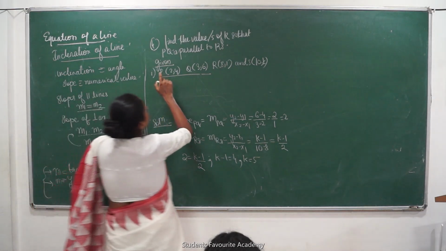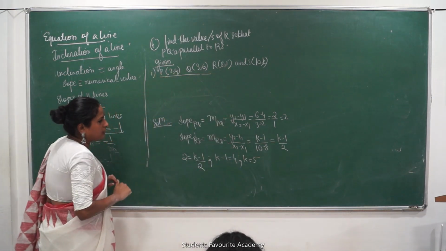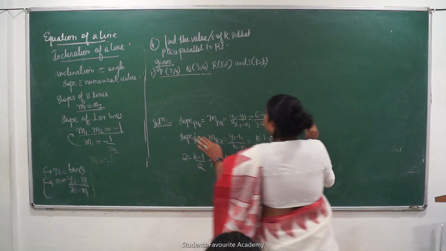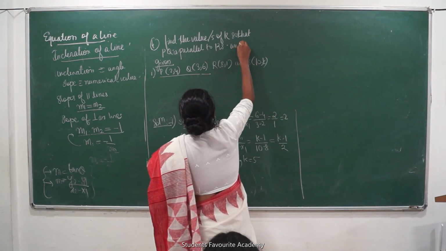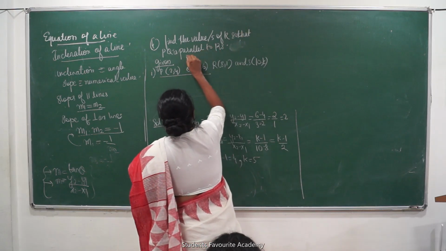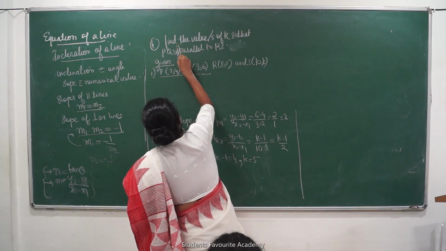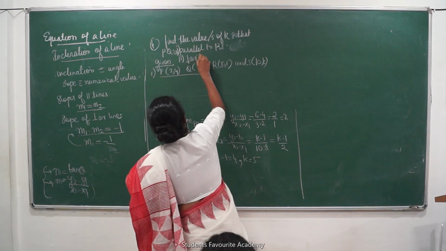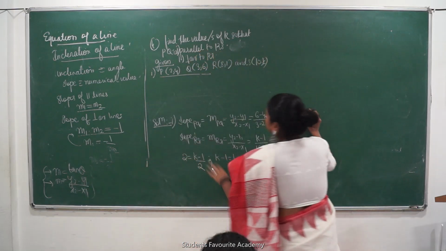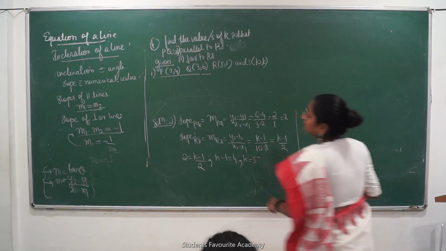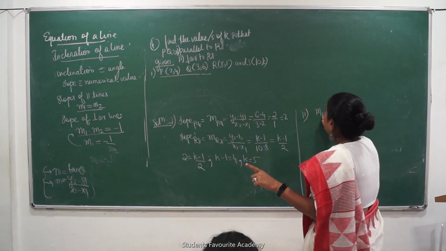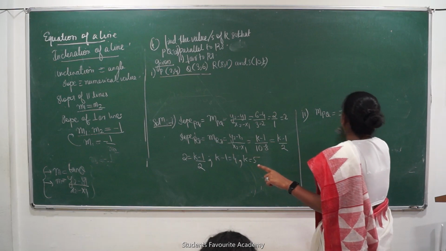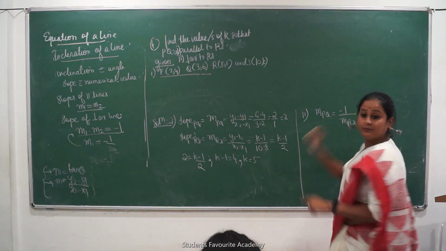What if these two lines were perpendicular to each other? The first question was PQ parallel to RS, and the second is PQ perpendicular to RS. If they were perpendicular, what happens? First you will have to write slope of PQ is equal to minus 1 upon slope of RS.